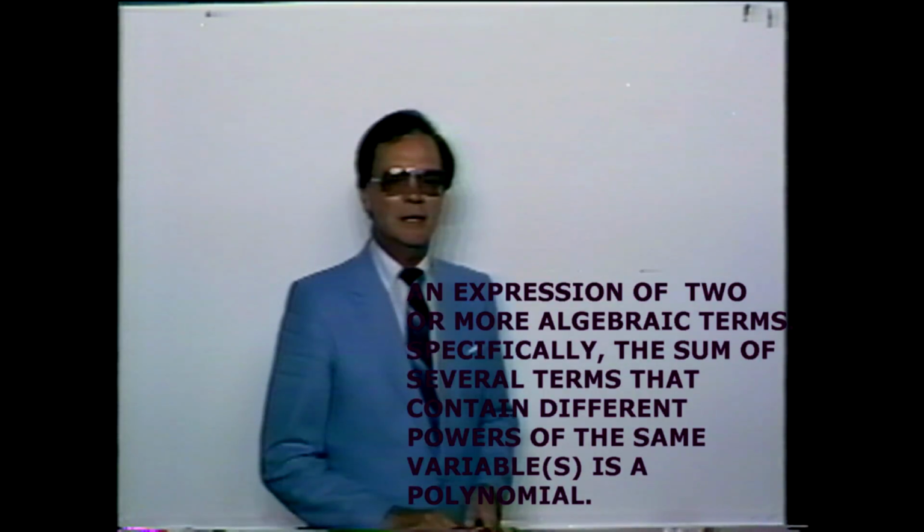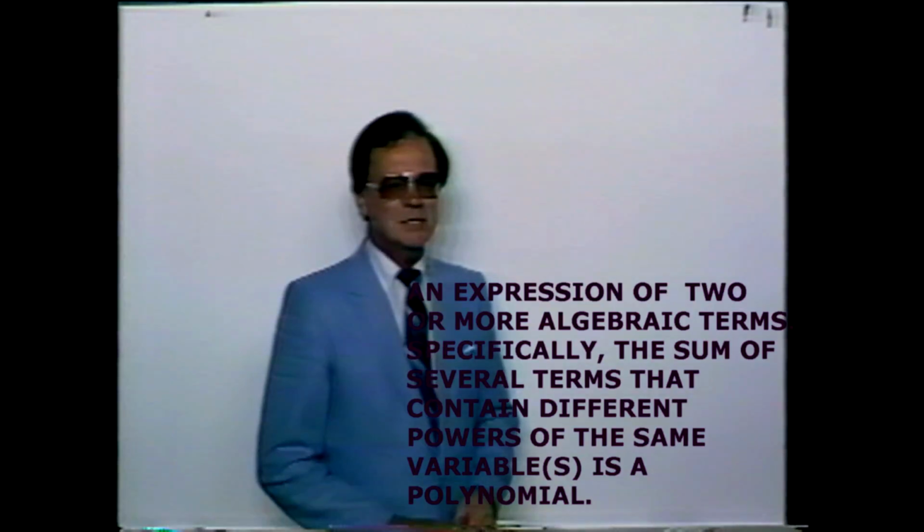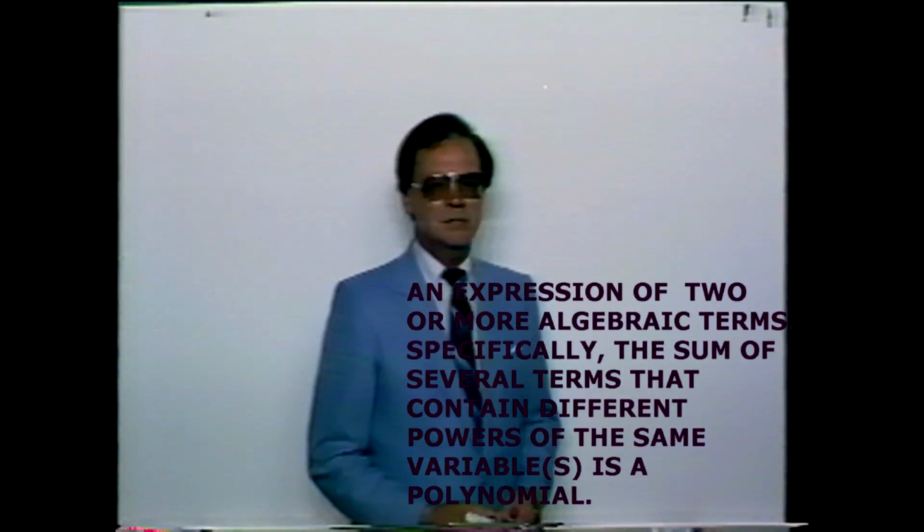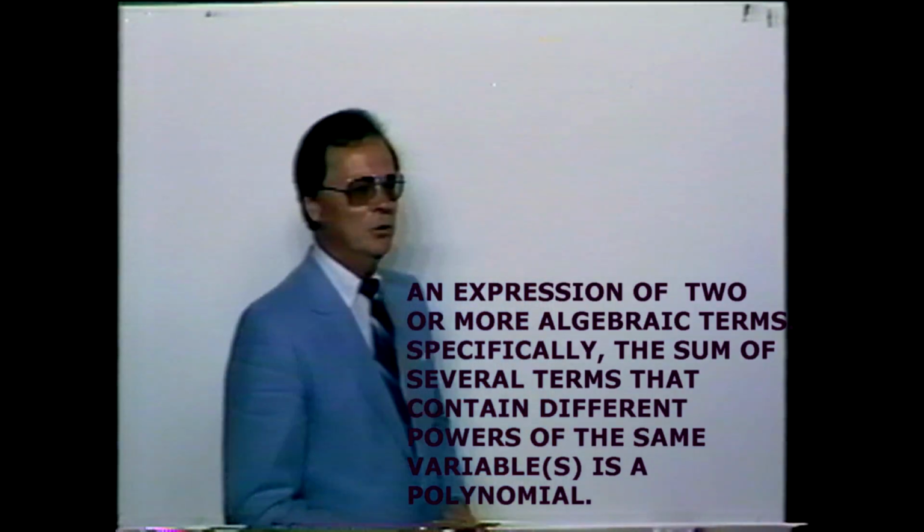Continuing with the explanation of a polynomial, it is an expression which contains one or more terms, but each term contains the same variable, and that's an important distinction regarding a polynomial.